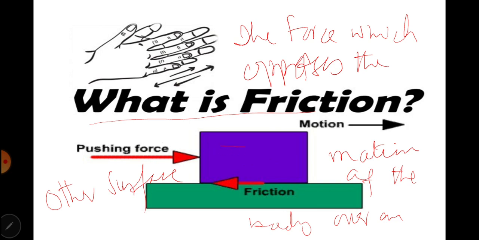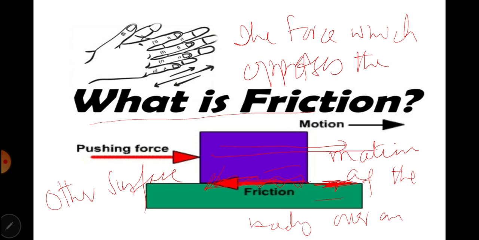For example, if you push this body in this direction, there are ups and downs. This surface will not be smooth. If you look microscopically, both surfaces are a little rough, so they will oppose the motion.